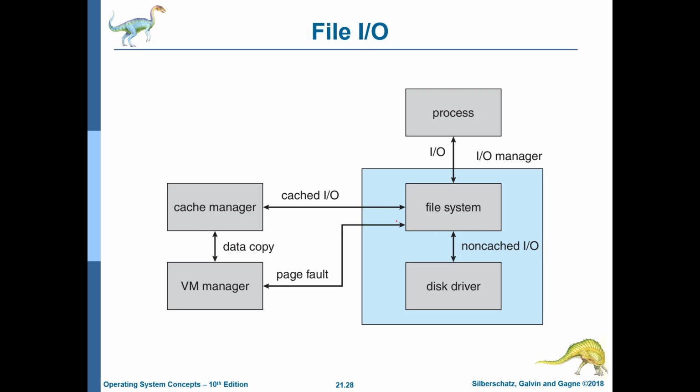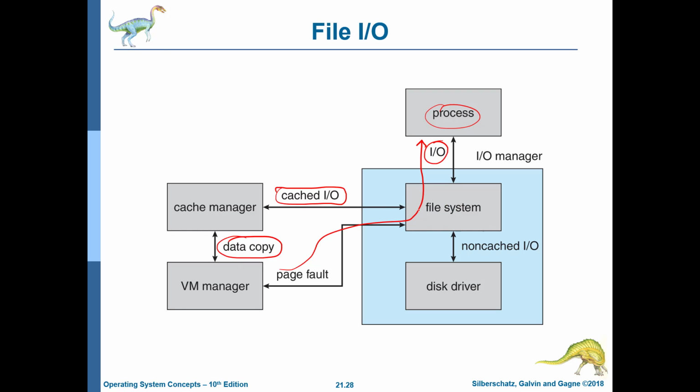So file IO is quite conventional in the sense the process, let's say, requests IO. It goes to the cache manager to see whether for those IO addresses something is cached. If it is cached, then we get it from the virtual machine manager, right, from the virtual machine system, and it goes via the file system to the process.